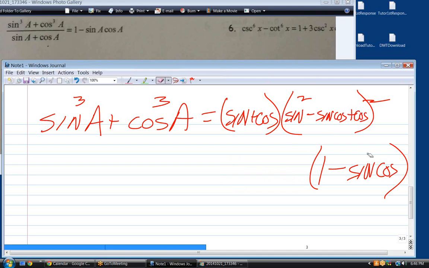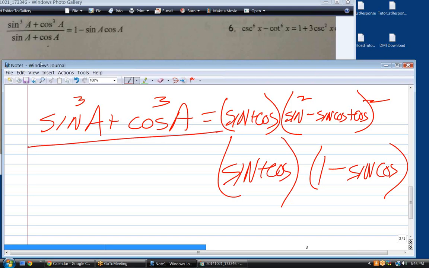So this term turned into this term. But how did you factor it, or? No. I replaced the sine squared plus the cosine squared with 1. Yeah. So now I have 1 minus sine cosine times sine plus cosine.